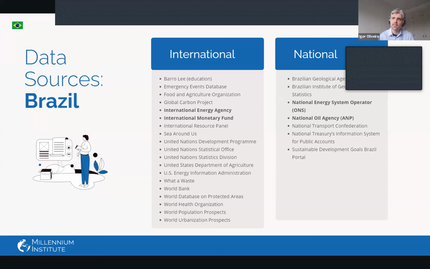And in this case, we were lucky to also find people in the country who helped us, but the challenge of accessing these data sets was enormous. So we started with, and here the data sources in bold are really the ones that matter a lot.